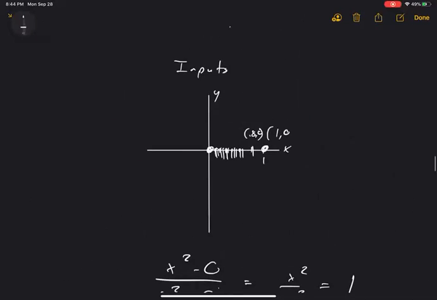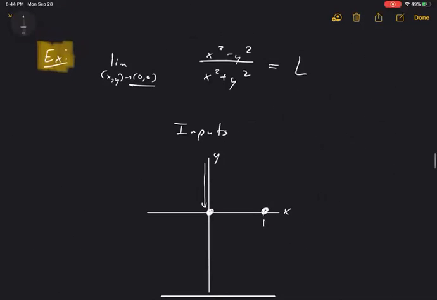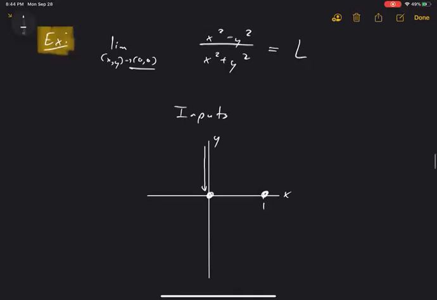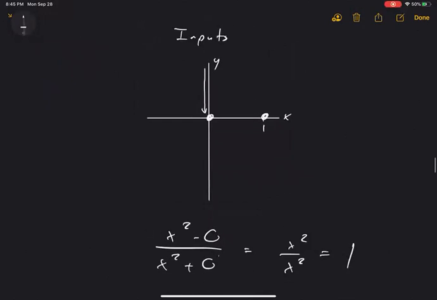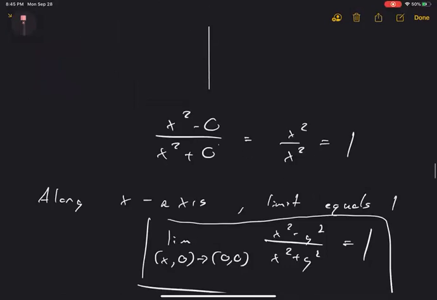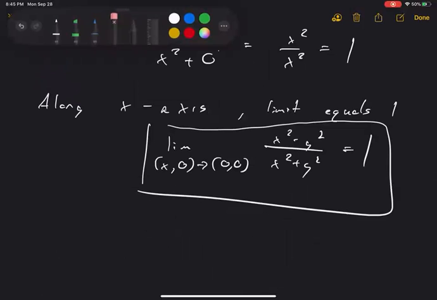Let's consider a different path. And this takes a little bit of insight. Let's consider the path along the y-axis. What is that going to look like?